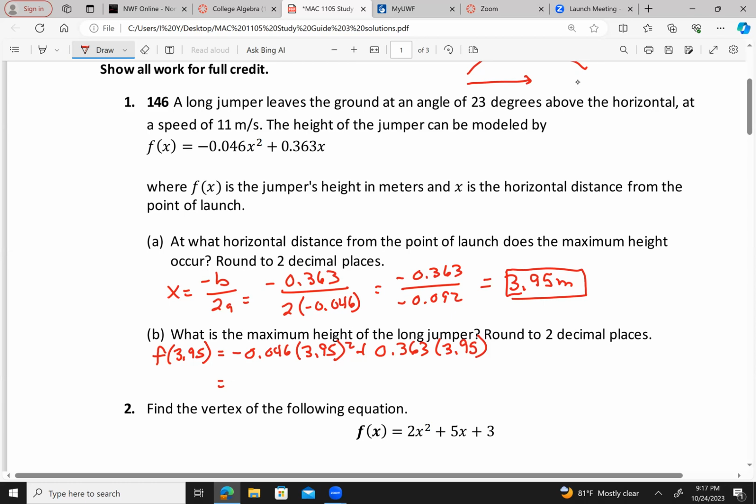So we're looking at negative 0.6241 plus 1.43385. When we add them, we get 0.81 meters.